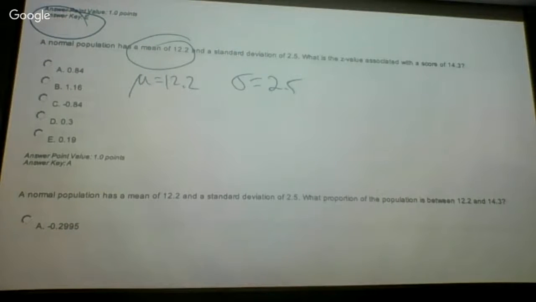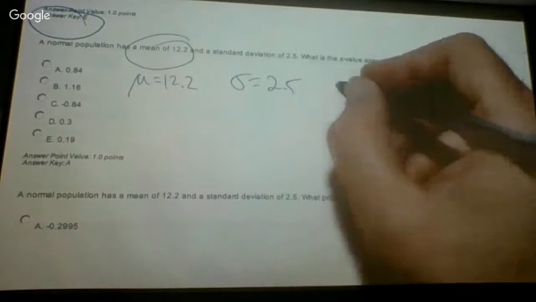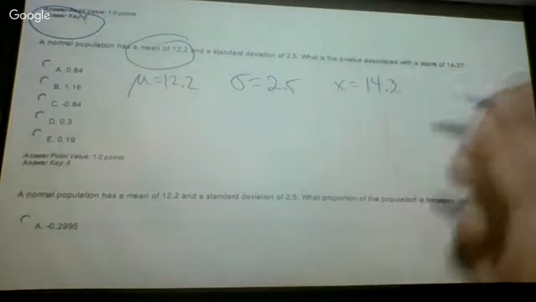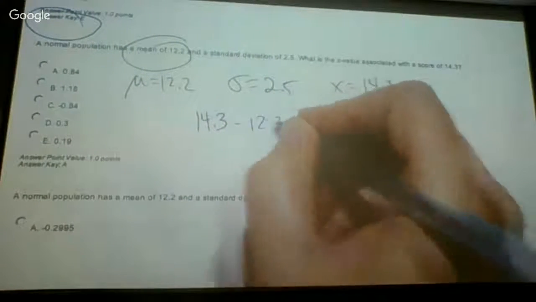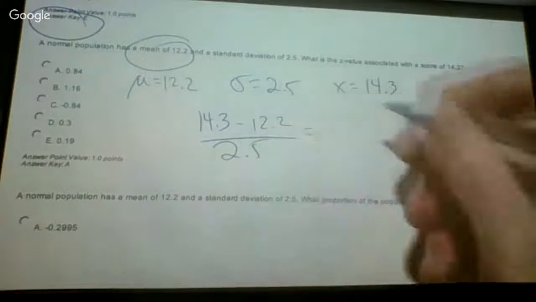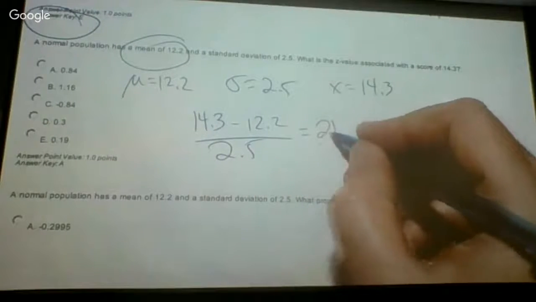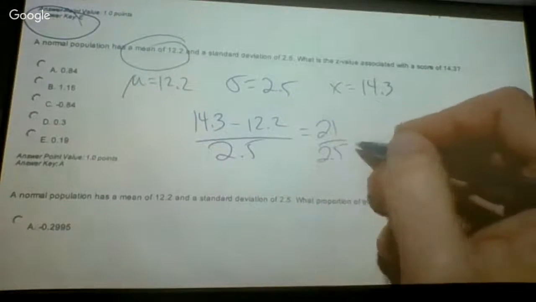If the third word in the sentence says population, use mu and sigma because those are population parameter symbols. X is 14.3. 14.3 minus 12.2 over 2.5 looks something like 2.1 over 2.5.